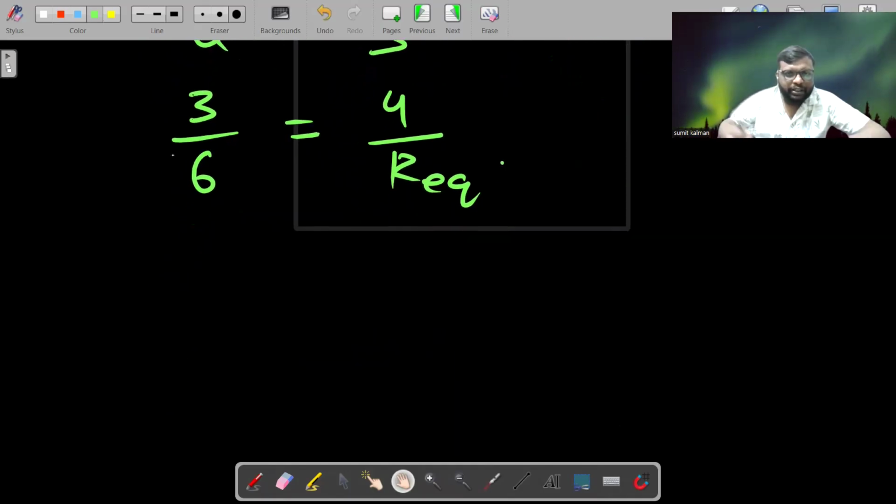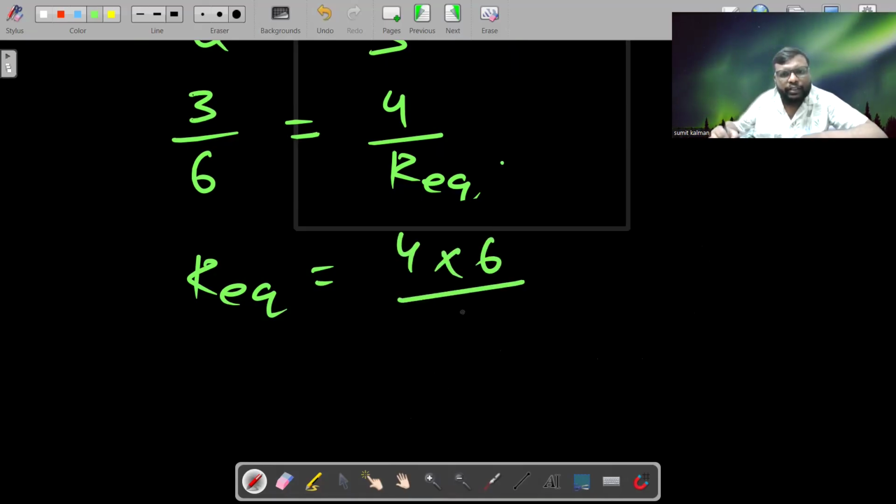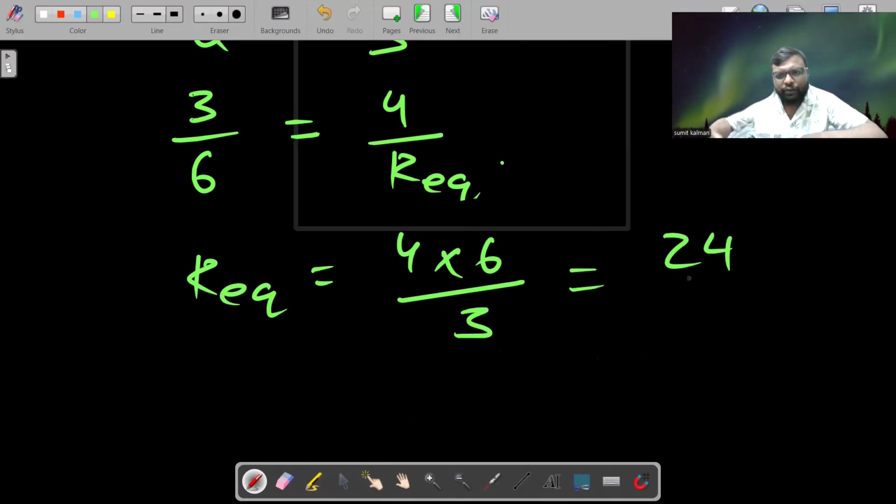If you simplify this, R equivalent is equal to 4 into 6 upon 3, that is 24 upon 3, and it will become 8 ohm.